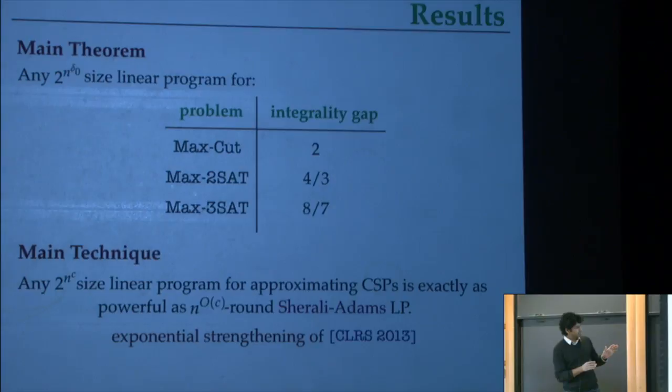The Sherali Adams linear program is a very specific explicit linear program that people understand very, very well. I'm going to tell you some of these results in a moment. The main result of this talk is to say that you can write an arbitrary LP and it's not going to be more powerful than a similar size Sherali Adams LP. And then you just compose it with the known Sherali Adams lower bounds to get all these corollaries out.